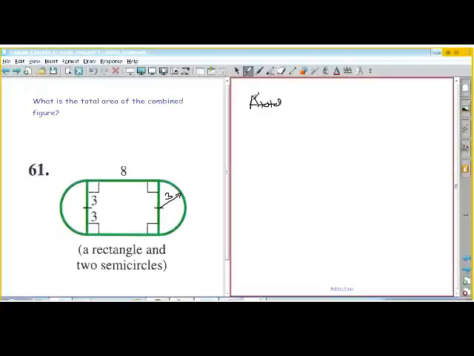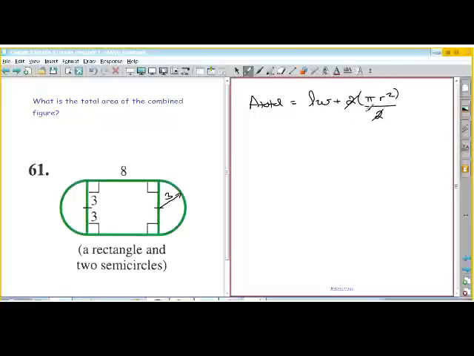So in this case, the total area is the area of the rectangle, which is the length times the width, plus 2 times the area of the semicircle. Well, the area of a circle is pi times r squared, so the area of a semicircle would be pi times r squared divided by 2.